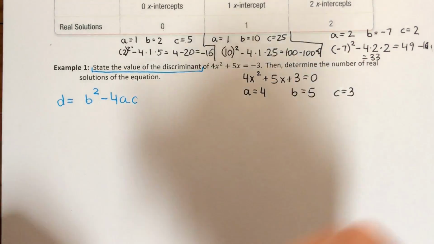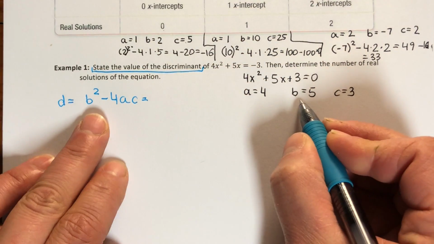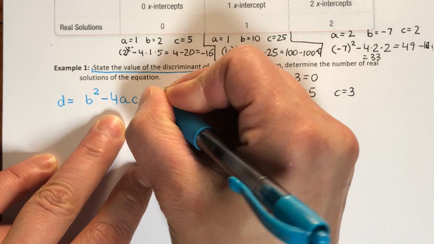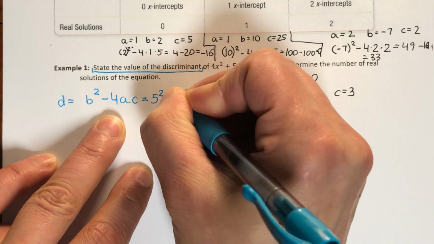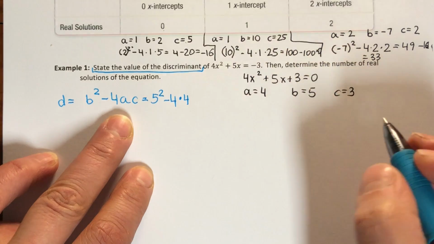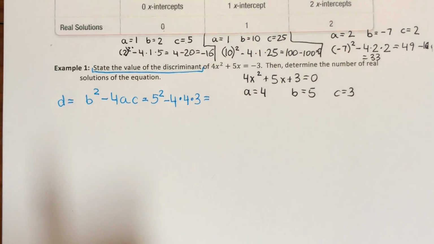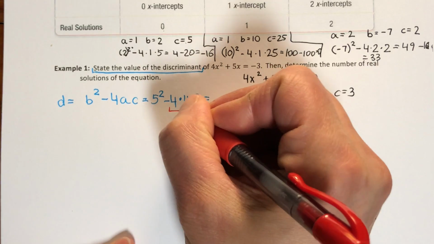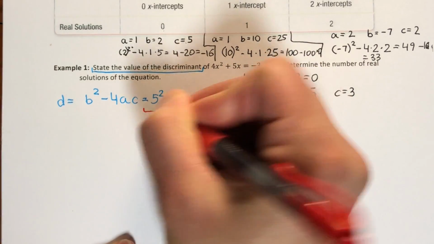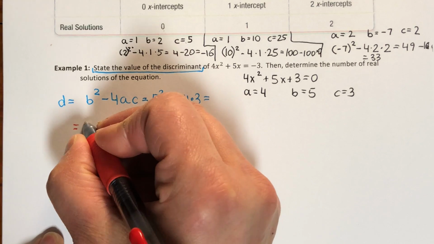Now, again, the first part of the question is just to find the discriminant. B squared minus 4 times a is 4 and c is 3. You always have to be very careful with the order of operations. We will do the exponent first. 5 squared is 25.